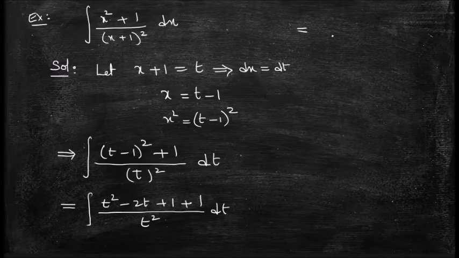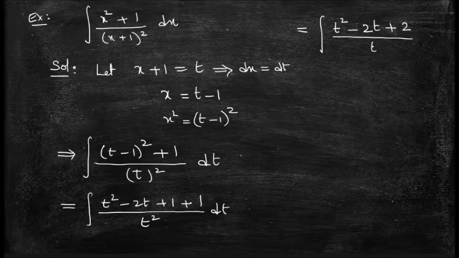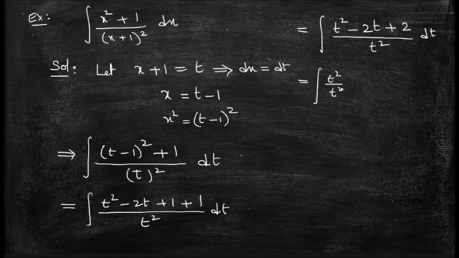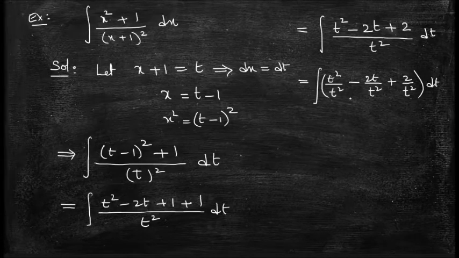Further, integration of t square minus 2t plus 2 by t square dt. Now I am separating the denominator for each term in the numerator: t square by t square minus 2t by t square plus 2 by t square dt.